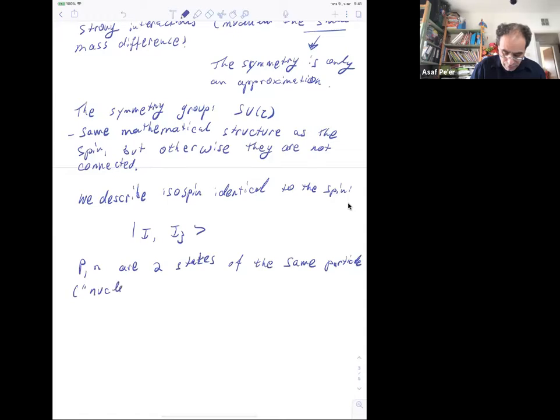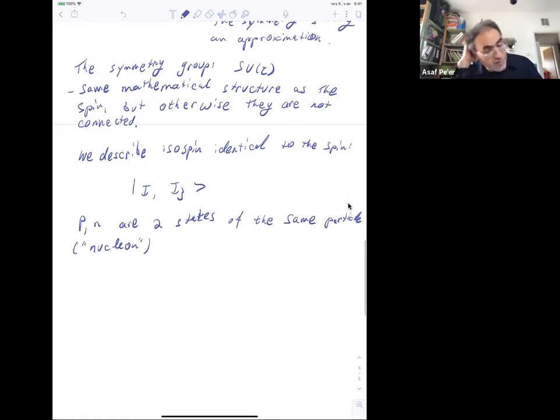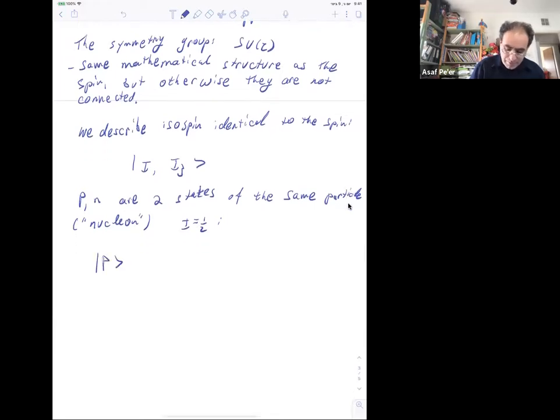And we assign to them an isospin doublet, I equal 1/2, both of them. That means the proton I will describe as I equal 1/2 and I3 equal 1/2. And the neutron I will describe as total isospin of 1/2 and I3 of minus 1/2.